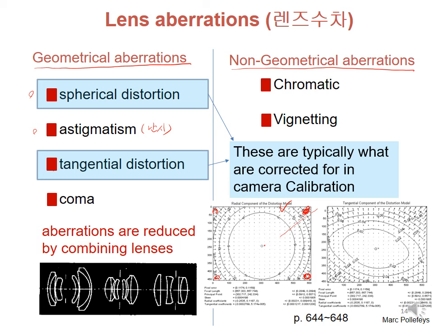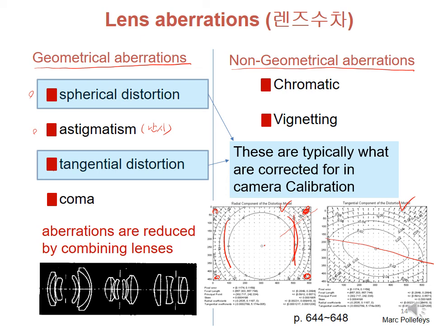So a straight line becomes bent this way. The figure on the right represents tangential distortion, where the distortion occurs at an angle around an axis. This is a rugby ball shape. These two cases can be calibrated in OpenCV through a calibration routine.